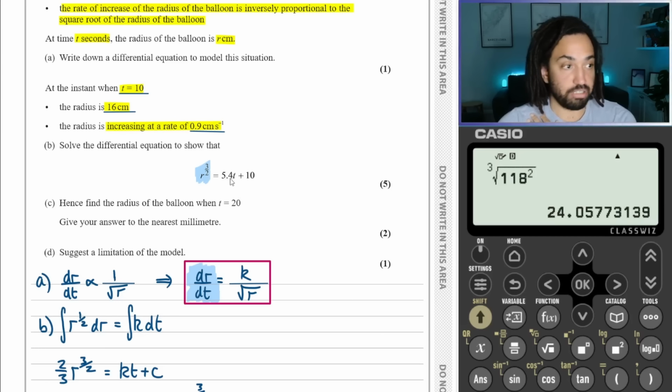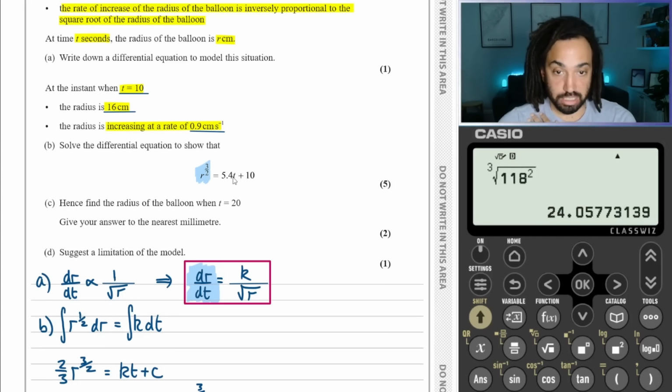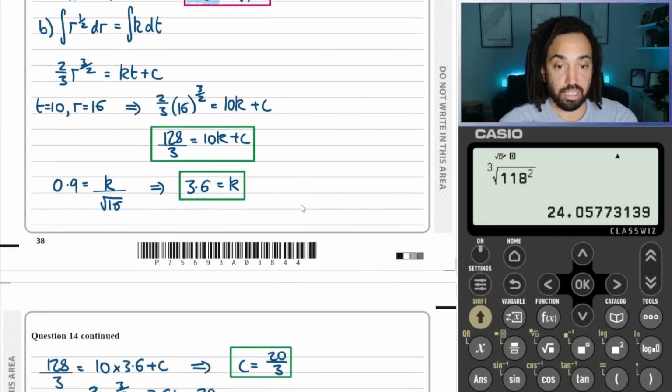Well, you can see here this model that as time increases, this right hand side of the equation is just going to get larger and larger, which means that r is just going to get larger and larger indefinitely.